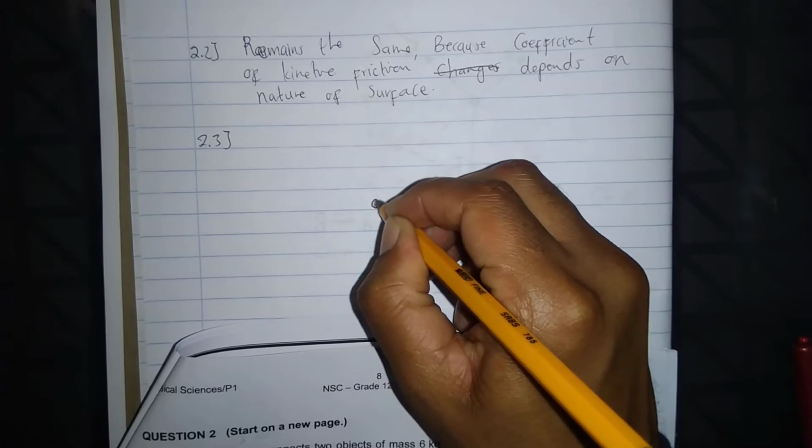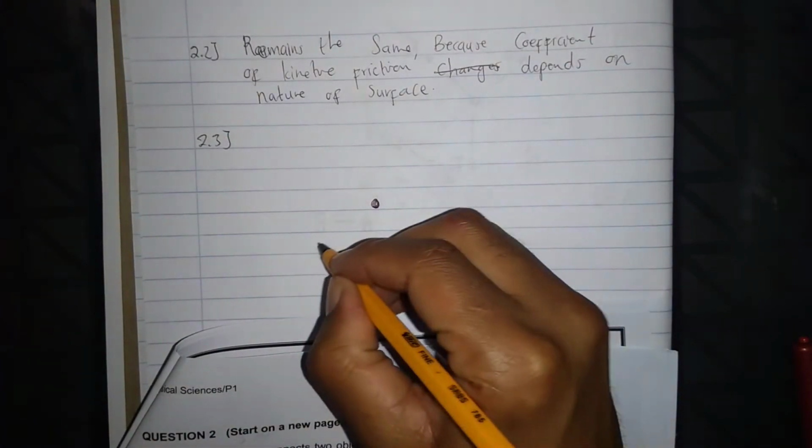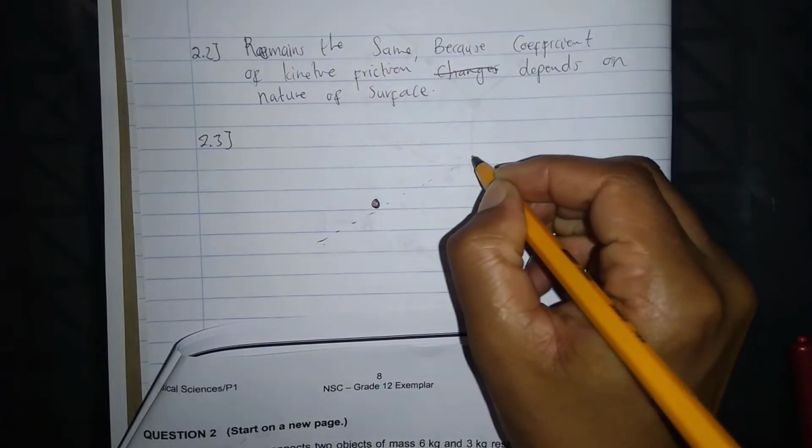So this is our blob or our dot. This is the incline.